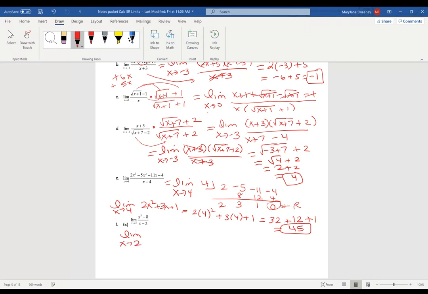Again, if we plugged in here, we'd get 0 over 0, an indeterminate form. So just to review, to factor the top, it is the difference of 2 cubes. That's where we do SOAP: a minus b, a squared plus ab plus b squared.